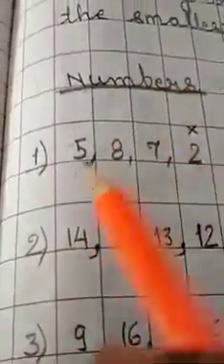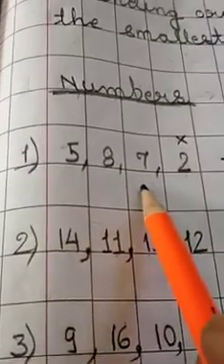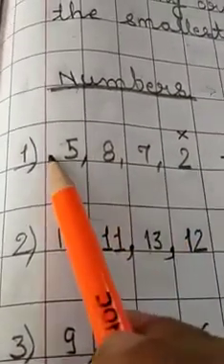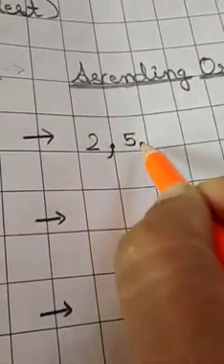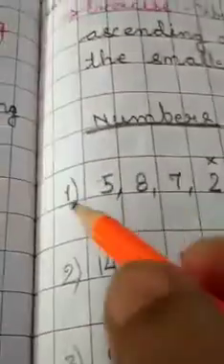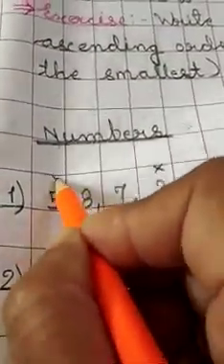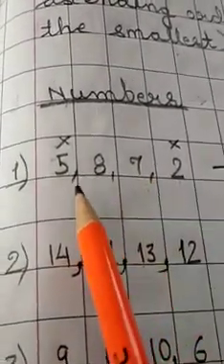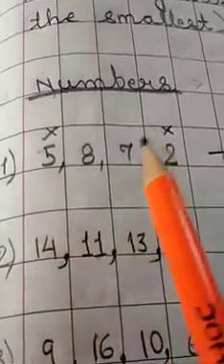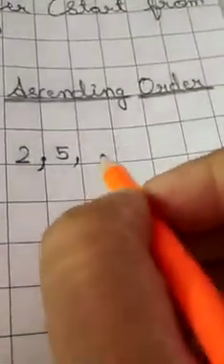Now between this 3 number, 5, 8 and 7. Which one is smallest? 5. Yes. So write 5 here. Put a comma here and cross this number 5. Now 8 and 7 remains. Which one is smallest? 8 or 7? 7. So write 7 here.